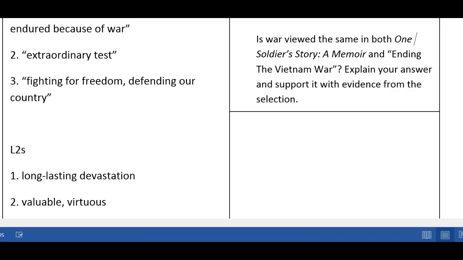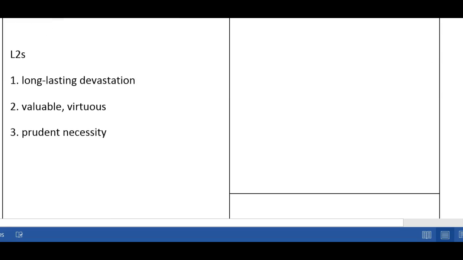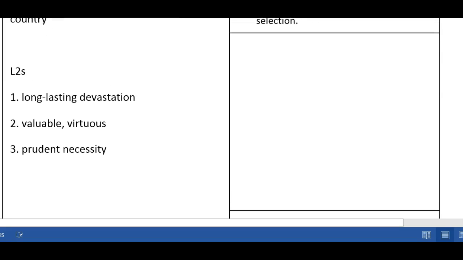Finally, we have fighting for freedom, defending our country. What did I think about when I thought about that? Prudent necessity. So something that is significant, something that we actually need. And as I think now, I'm going to go ahead and add patriotism, because that's another idea that comes to mind.